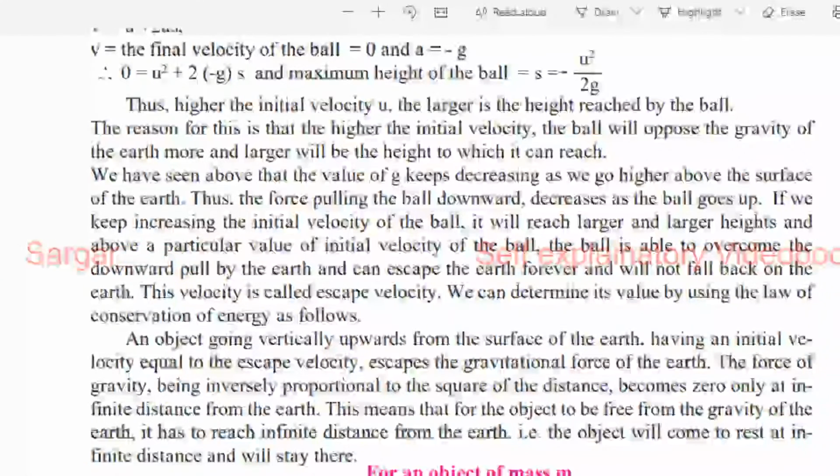The force of gravity, being inversely proportional to the square of the distance, becomes 0 at infinite distance from the earth. This means that for the object to be free from gravity of the earth, it has to reach infinite distance from the earth. That is, the object will come to rest at an infinite distance and will stay there.